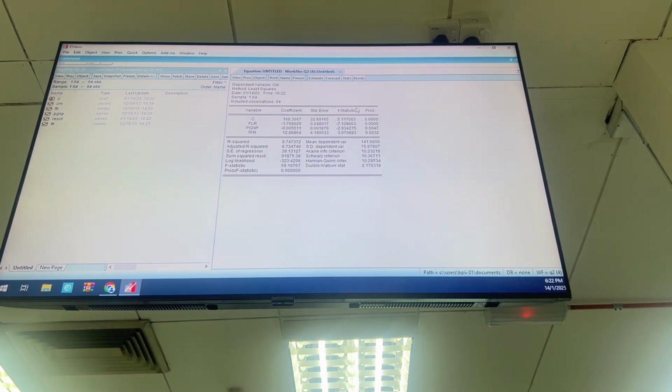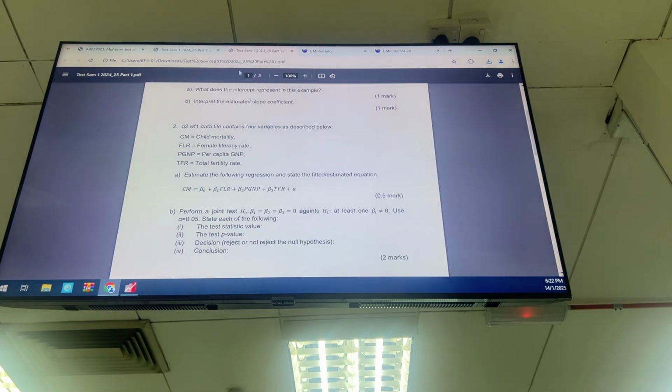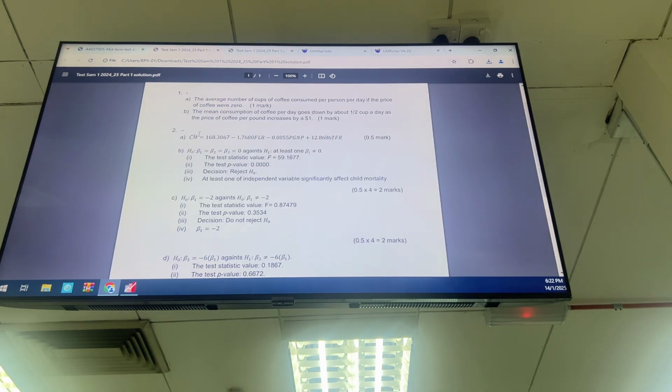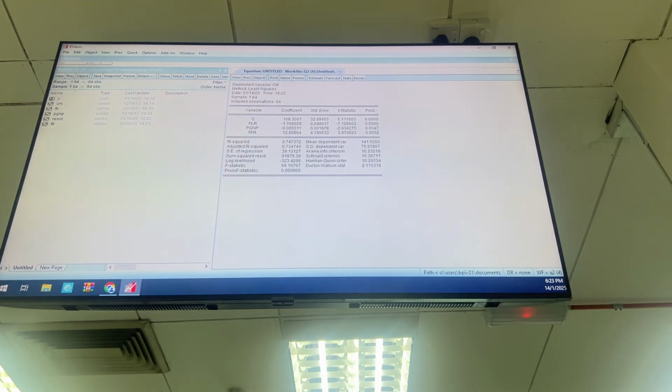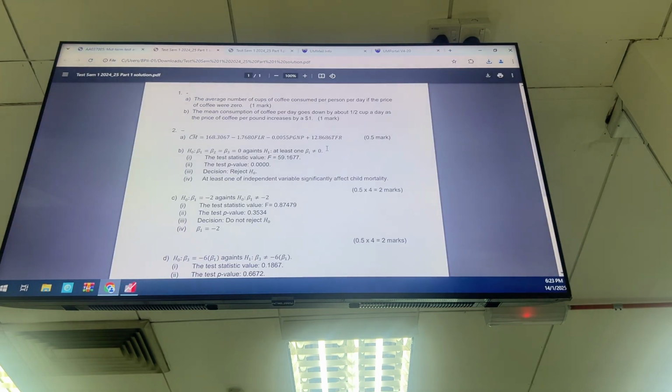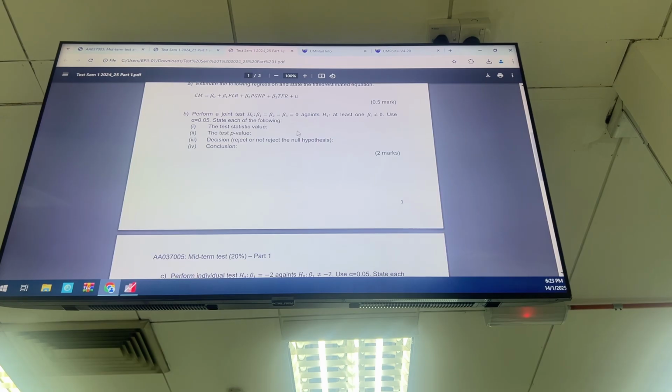This one, the fitted equation, means you have to write out the fitted equation. But if you just put the estimated output, then I think I still give the mark. If you just copy and paste this, I still give the mark. Next, perform a joint test on all slope coefficients, whether all are 0.